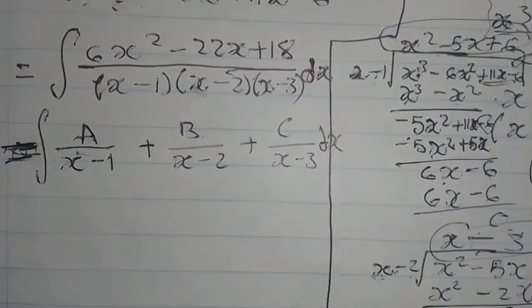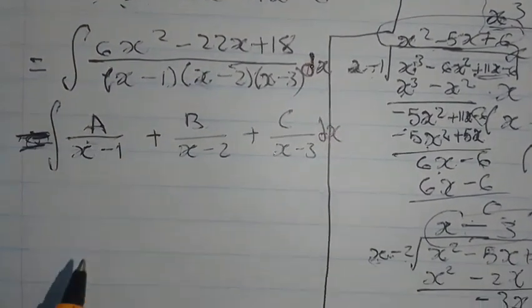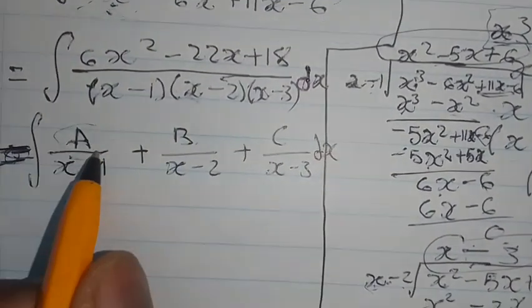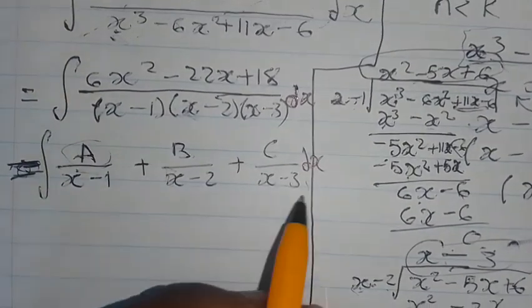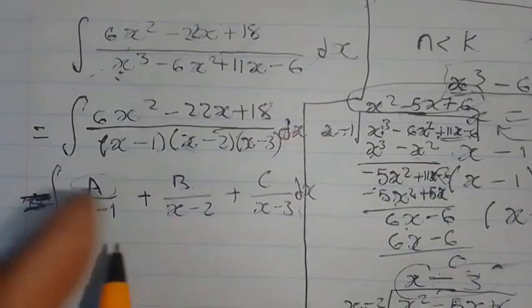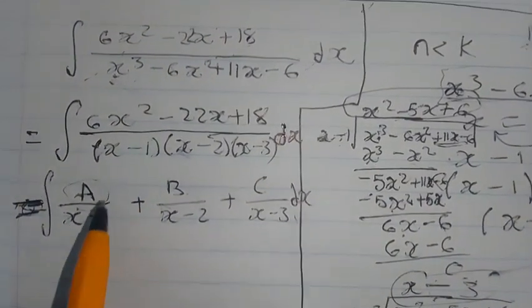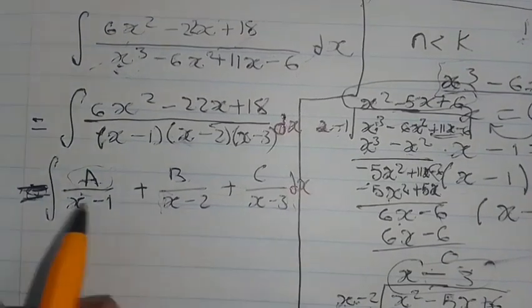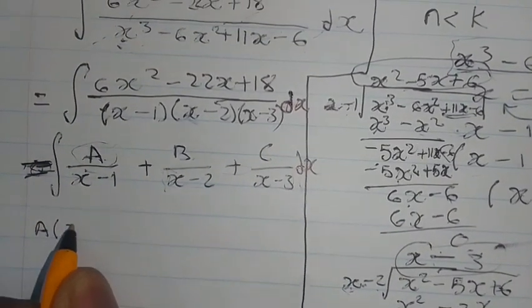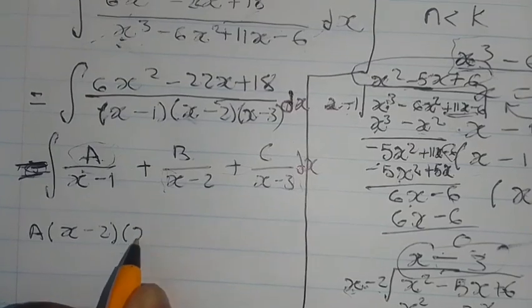How do we do that? How do we find the values of a, b, and c? So, you say a, then you multiply by these other two factors. In this case, there are some cases where you have to be careful, but in this case, let's say a multiplied by x minus 2 into x minus 3. So I'll have a into x minus 2 into x minus 3.